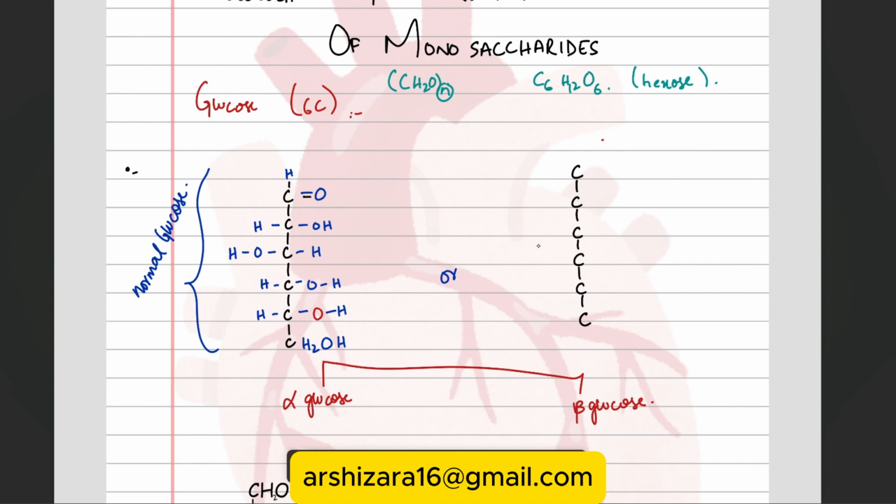This is the first carbon, second, third, fourth, fifth, sixth. On the sixth carbon, because we have to close the structure, no bond should be available, and carbon has 4 places where it can join elements. Basic chemistry. According to that, one of the bonds is over here. Let me make that with the red.